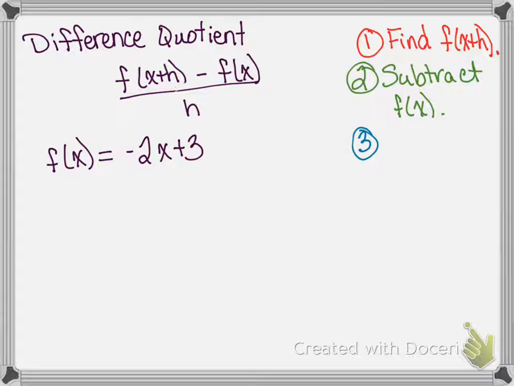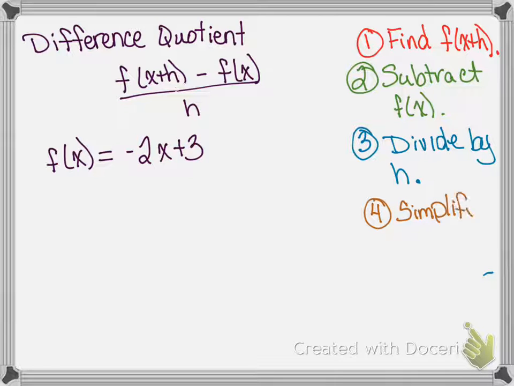So I find f of x plus h, then I'm going to subtract my original function. Then I am going to divide everything by h. The last thing I do, which is always everyone's very favorite thing to do, is simplify.